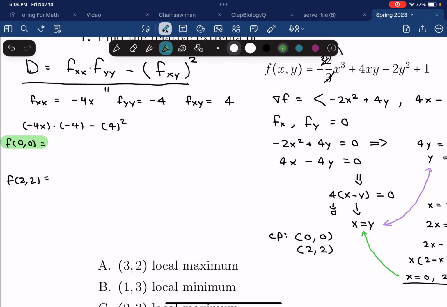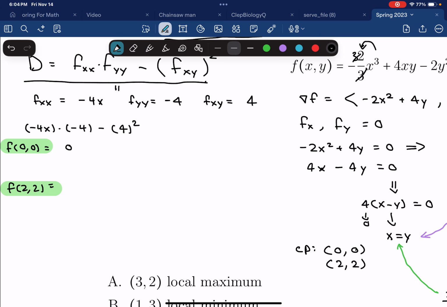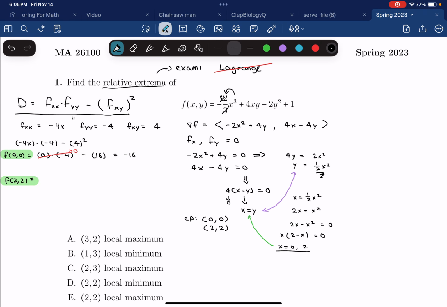So let's do that. Okay, so at (0, 0), we plug in a 0. You get 0 for that times negative 4, which all cancels out to 0, minus, this will become 16, so you get negative 16. Now, let me remind you of the rules.